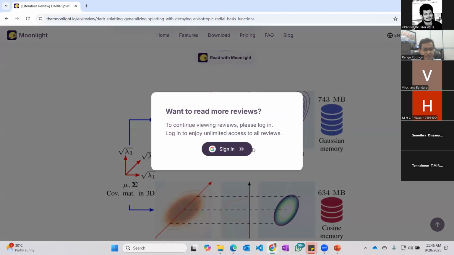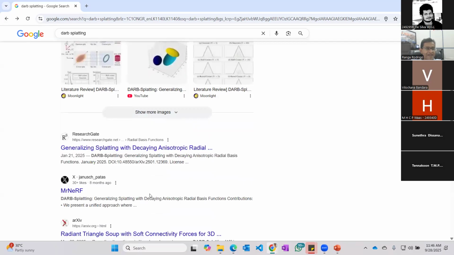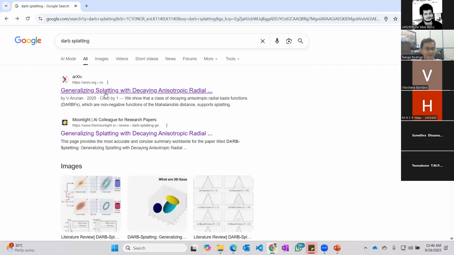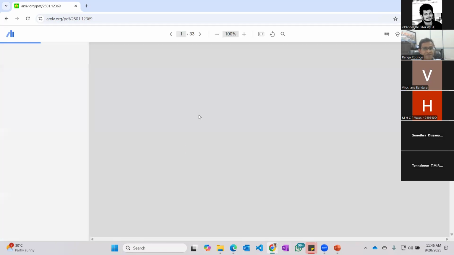It's an AI generated article or something. This is our article. That's 3D. There is no generative model again.